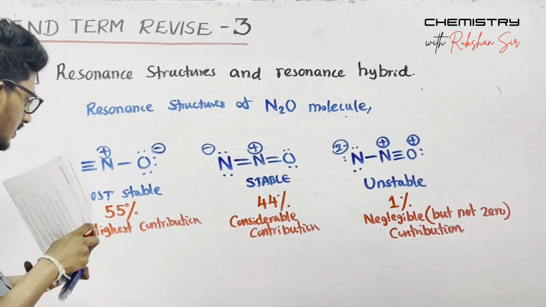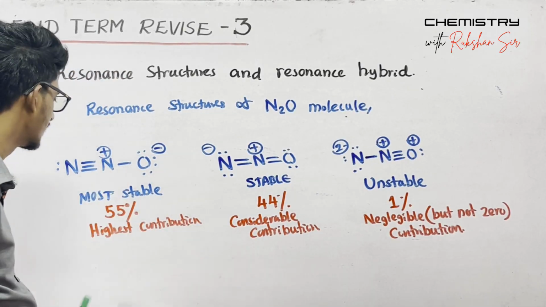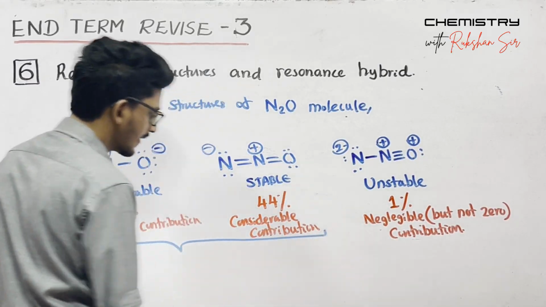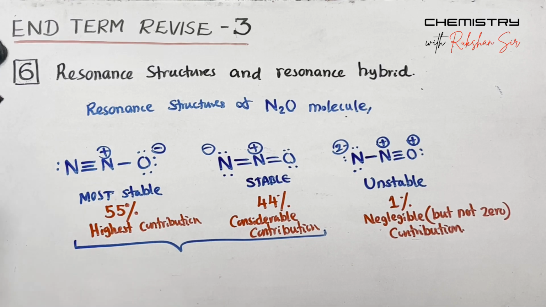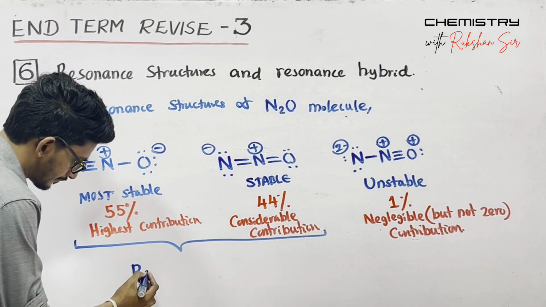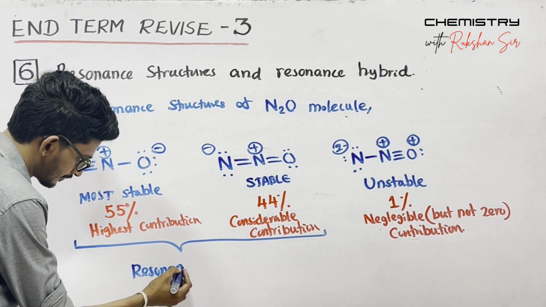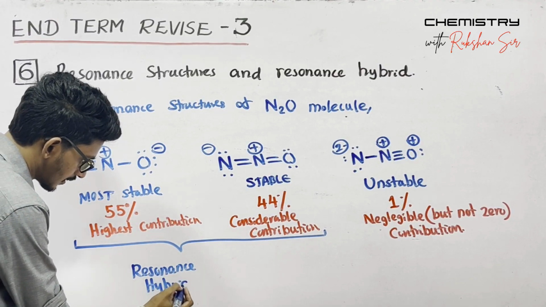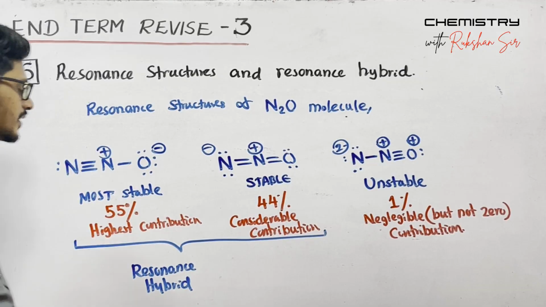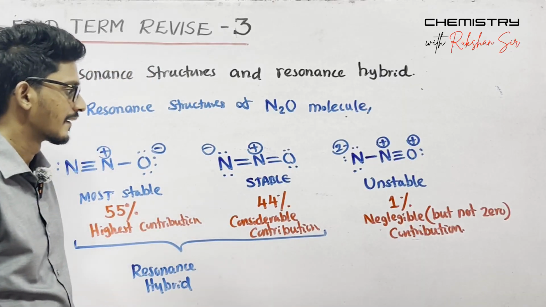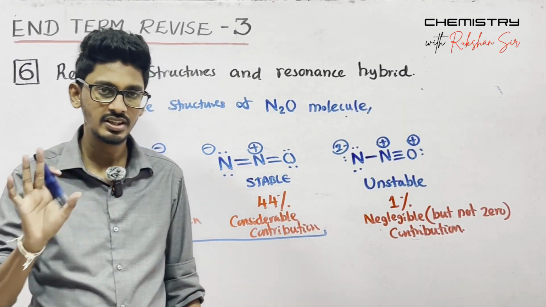That is why we normally consider these two to draw the resonance hybrid. When drawing the resonance hybrid, we just come up with these two, because the other has a negligible contribution, but we won't say the contribution is zero.